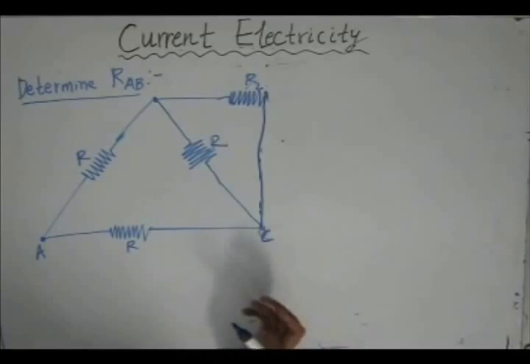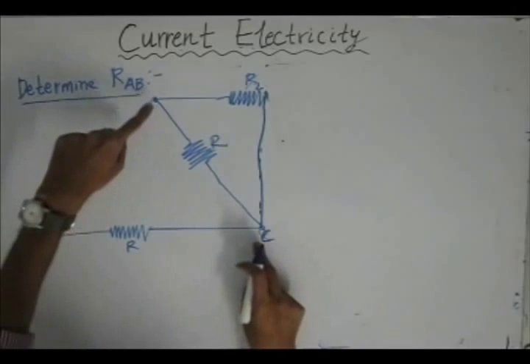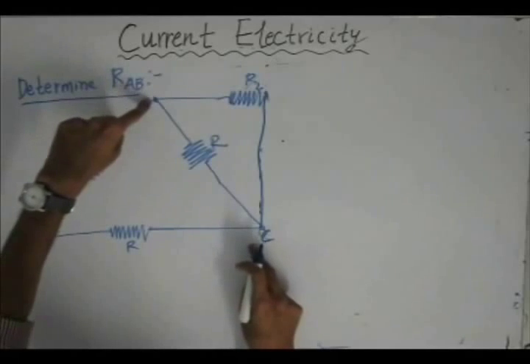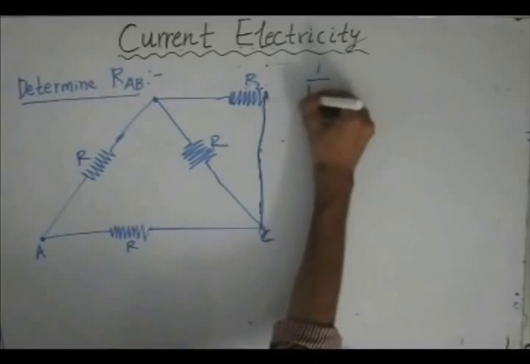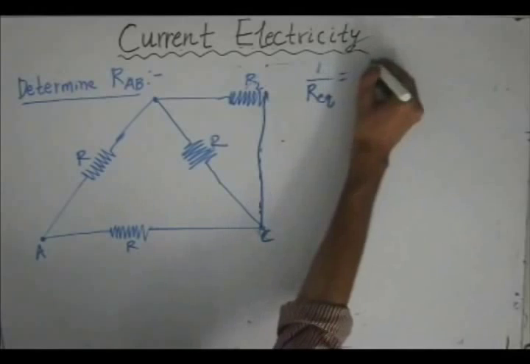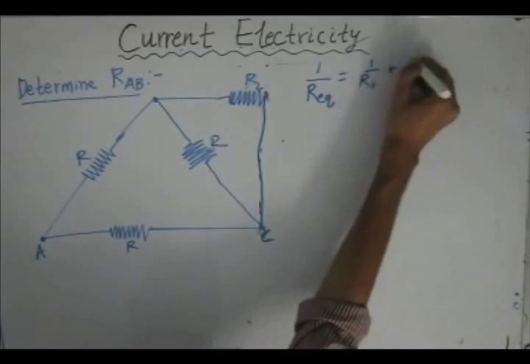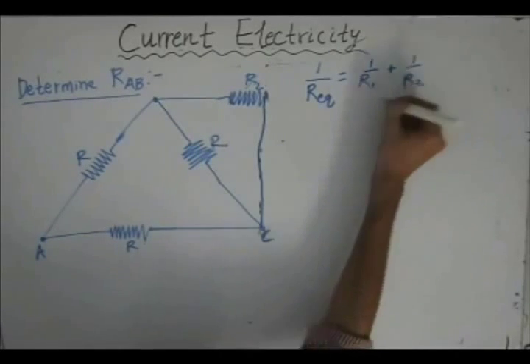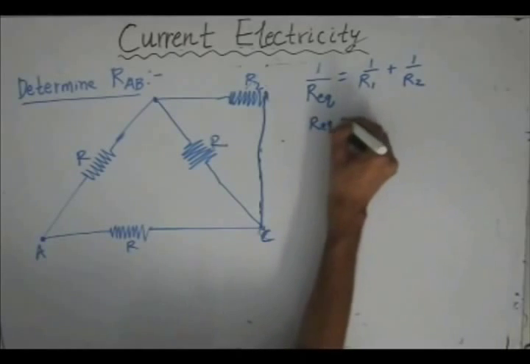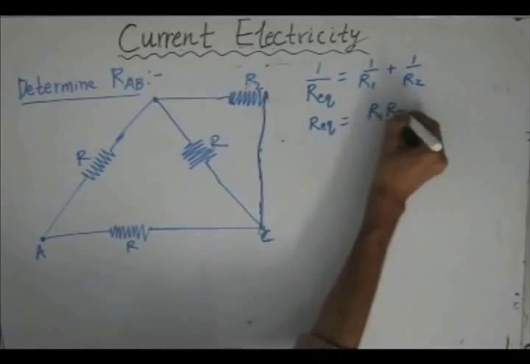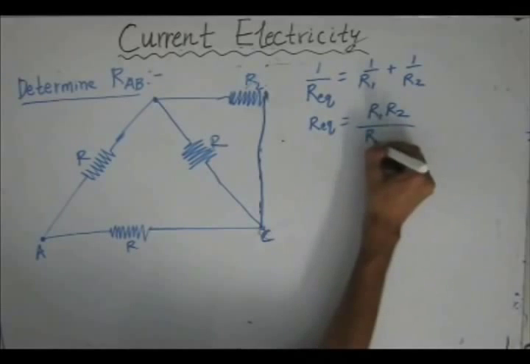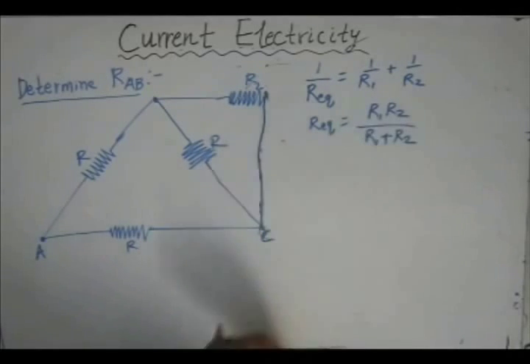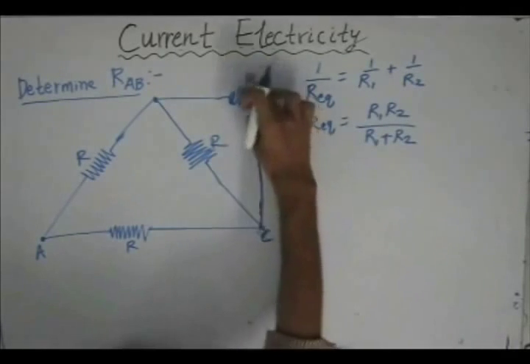So we can use the formula for parallel combination of resistors to determine the equivalent value of the resistor between these two points. Using the equivalent resistor formula for the parallel case, since there are two resistors R1 and R2, after rearranging it, we get R equivalent as R1 times R2 divided by the summation of the resistors. In this case R1 is R by 2.